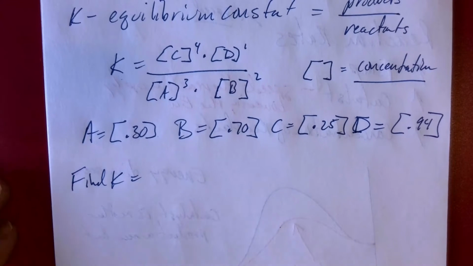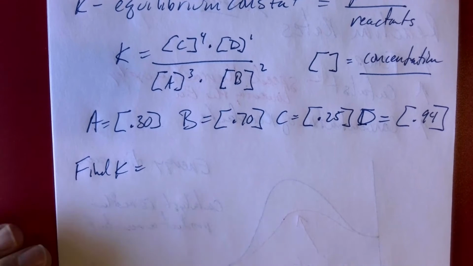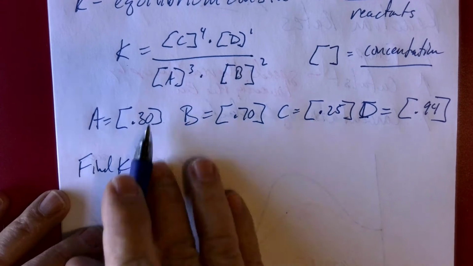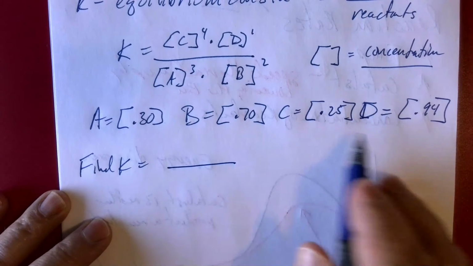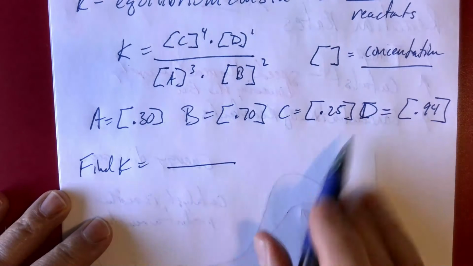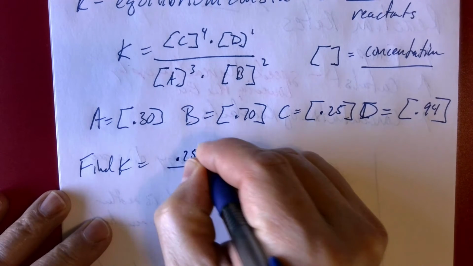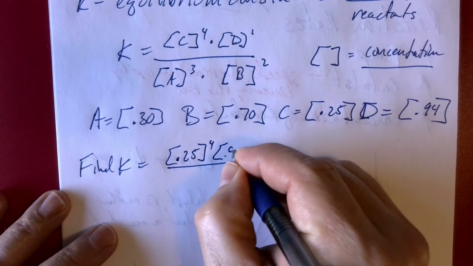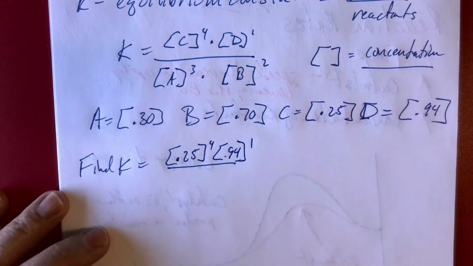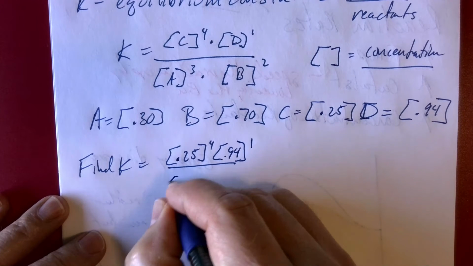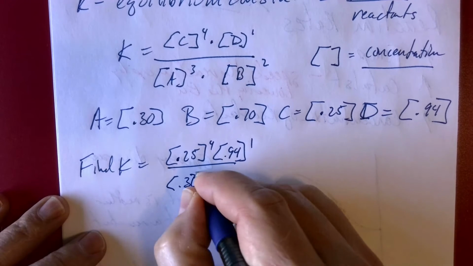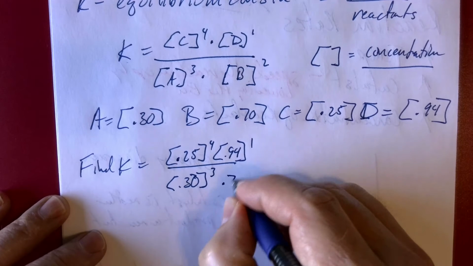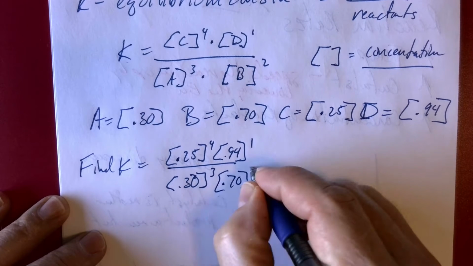We had some problems in my last class, all coming up with the same value. Okay? So what it's going to be is it's going to be your product. So C and D are in my numerator. So it's going to be 0.25 to the fourth, right? 0.94 to the first, divided by 0.30 to the third, and 0.70 to the second.